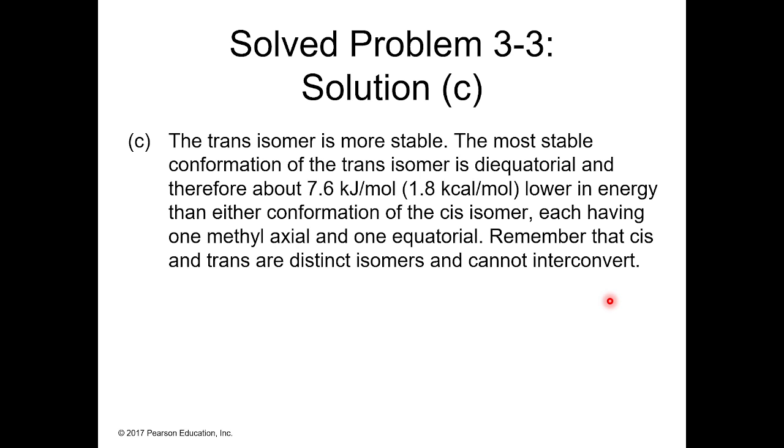And if we look back on our table with those 1,3 interactions for the methyl groups, what we can see is that we get about a 7.6 kilojoules per mole lower energy as compared to the cis isomer, which has one axial, one equatorial. Basically, we have one of those groups going from axial to equatorial. So one additional 1,3 interaction.